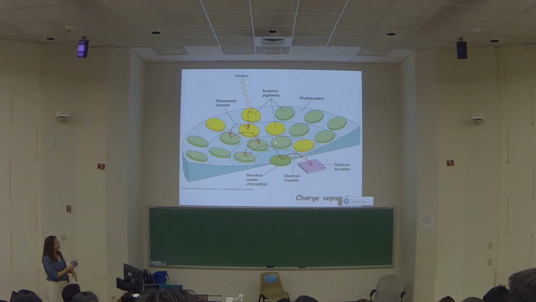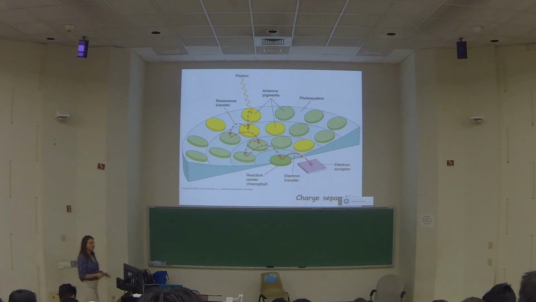All of these pigments surrounding the reaction center are absorbing photons of light, and then passing that energy from one pigment to another. They're not passing electrons, they're just passing the energy.